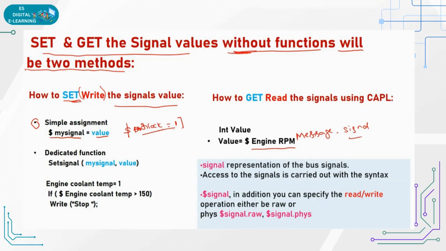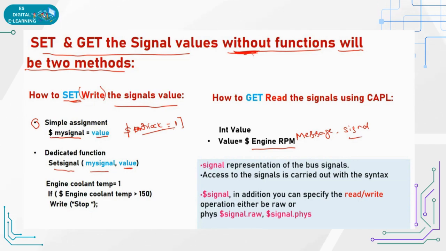Remember, in interviews they will ask you, without function in CAPL, what syntax do you use? It is $ my signal equals value. And with the dedicated function, we use it like this: setSignal, my signal and value. This is with function.